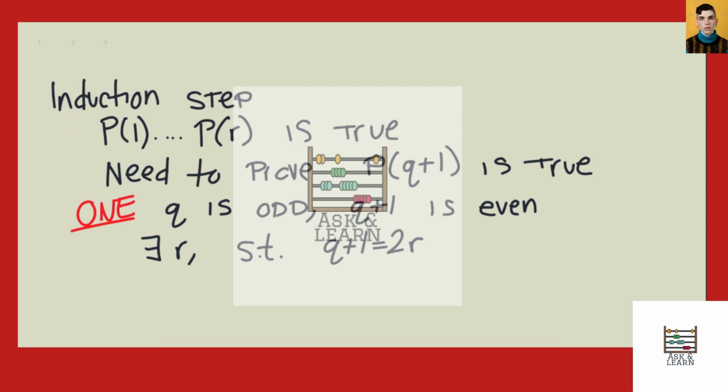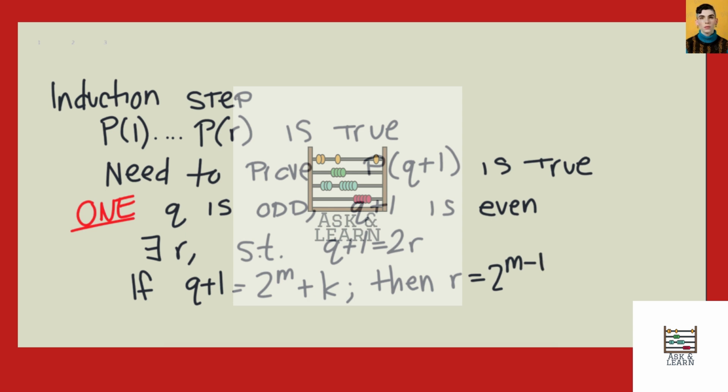Okay, so if that's the case, and if q plus 1 is equal to some value in the form of 2 to the power of m plus k, then r is going to be equal to 2^(m-1) plus k over 2.